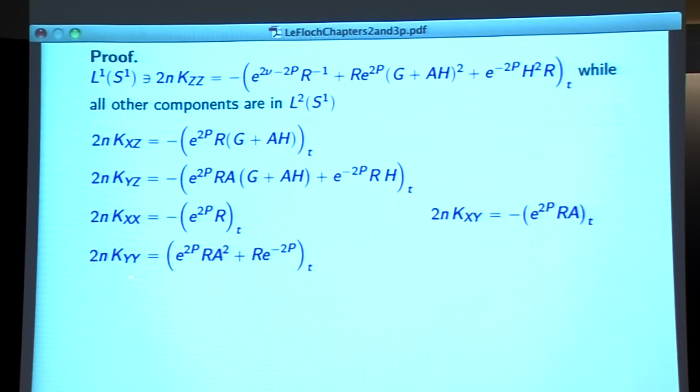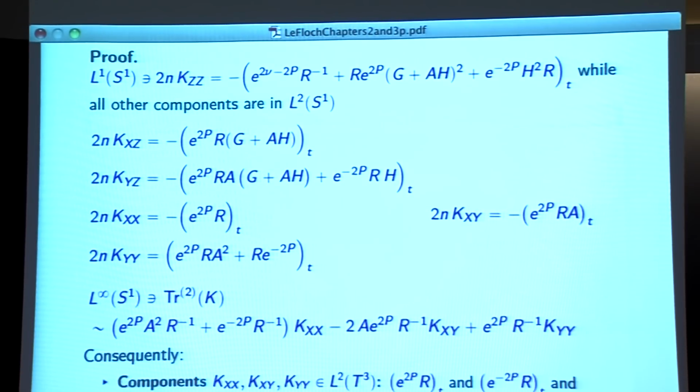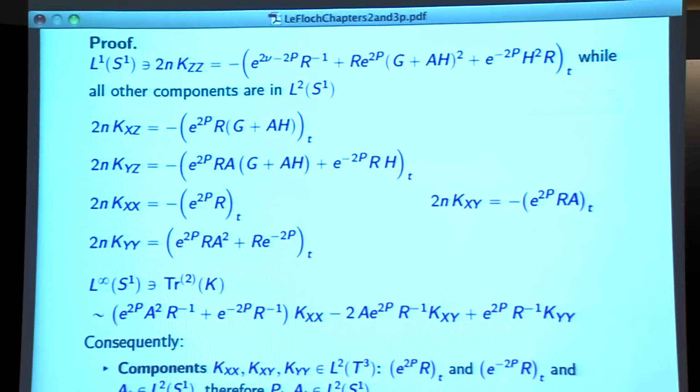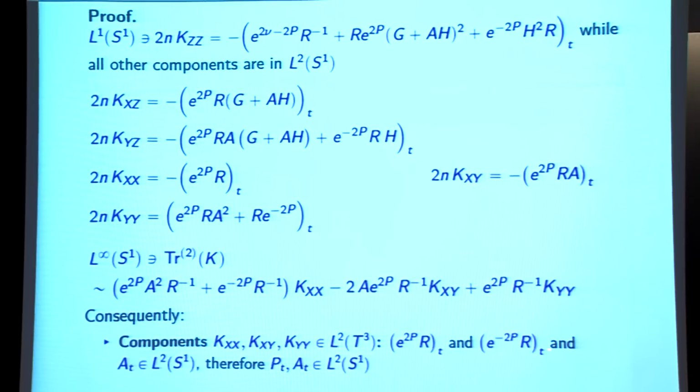But before looking at that, you have the other expressions for the second fundamental form. So you have all the components of K, and they all appear as time derivative of some corresponding components of the metric, right? So the trace 2 is given by this, and from these formulas I'm going to deduce a regularity in time.